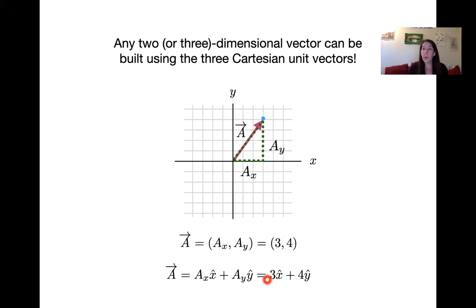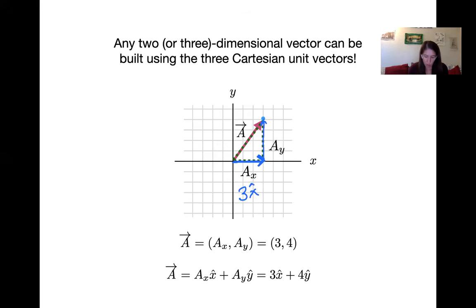And really all I'm doing here is standard vector algebra that we've been learning about. Because what did I do? So what is this 3x hat part? 3x hat is a vector pointing in the x direction and has length 3. So this blue vector is 3x hat.